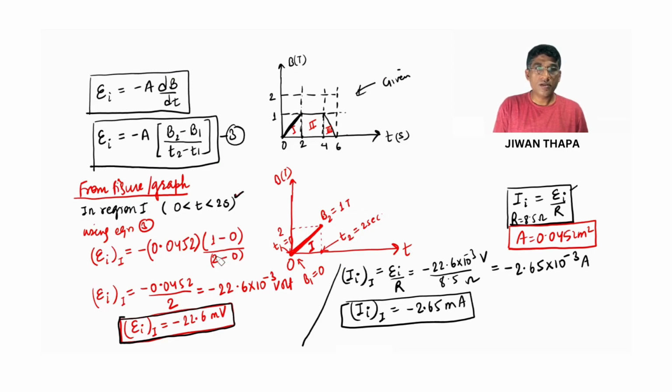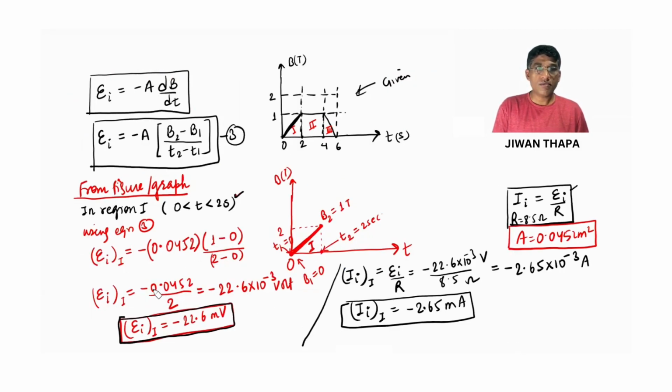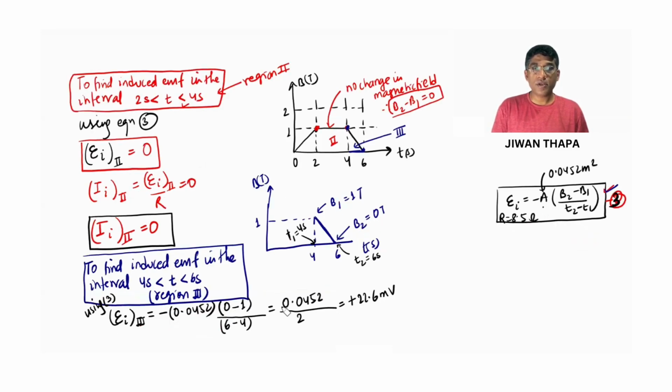We are getting induced EMF equals minus 22.6 millivolt for region first. Now for this also, we get plus 22.6 millivolt when you do the calculation. We have minus 0.0452 by 2, and for region third, we have plus 0.0452 divided by 2. So we get this.